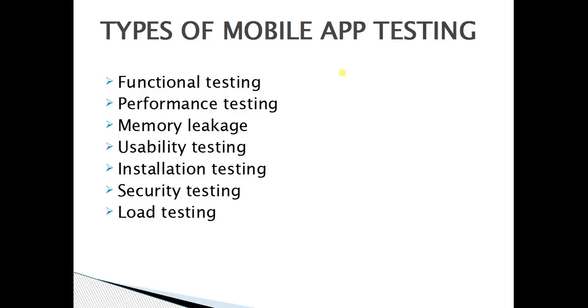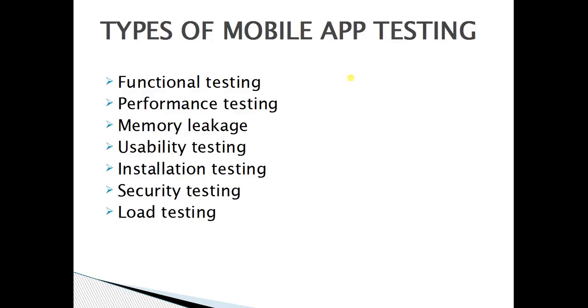The fourth one is usability testing, which we perform as mobile testers, and it's very important also. Usability testing is carried out to verify that the application is achieving its goal and getting a favorable response from the users. The second last is installation testing. This covers installing, updating, and uninstalling of the app. This is a very important part of the testing that a manual tester performs.